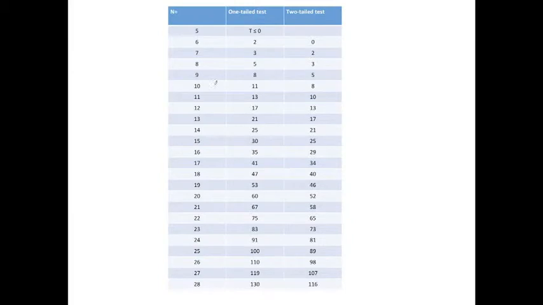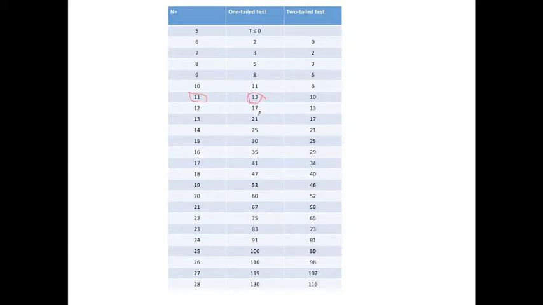So, how many participants did we have? We ended up with 11 participants. We are doing a one-tailed test because it's a directional hypothesis. We have a figure here, which is called our critical value. Our critical value for this particular experiment is 13.